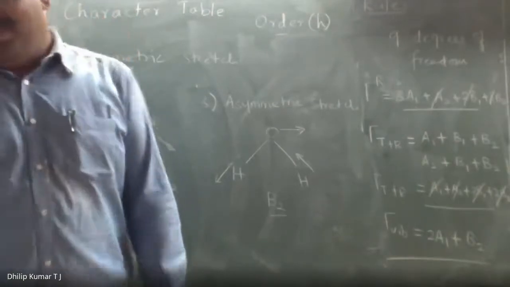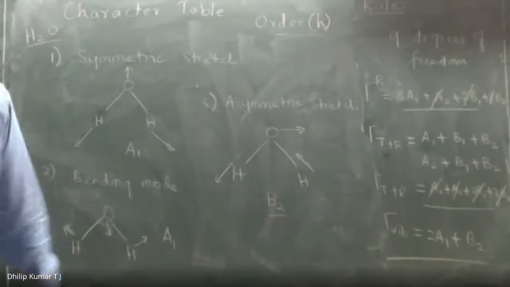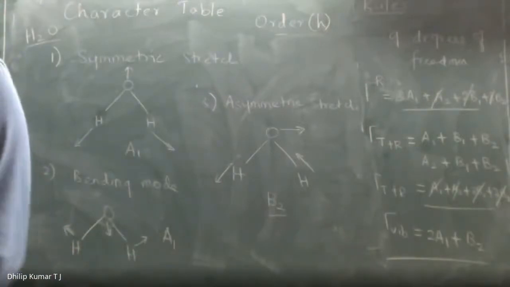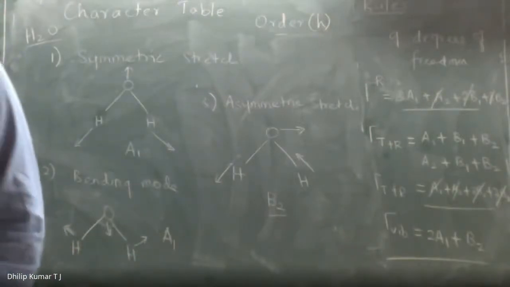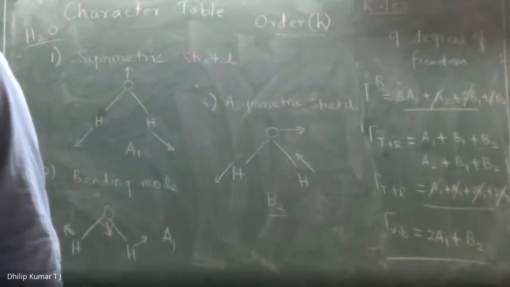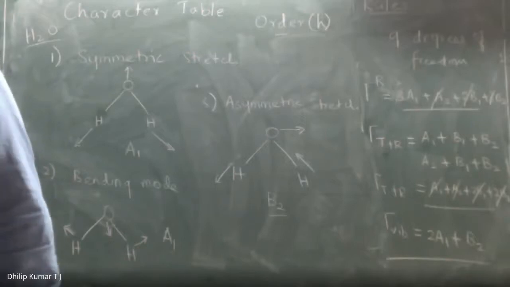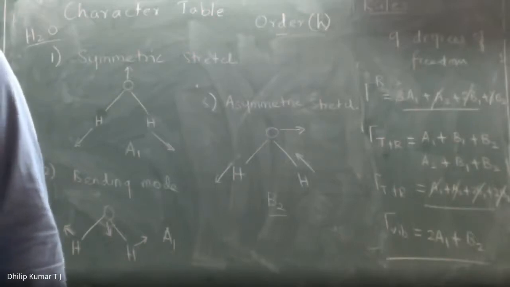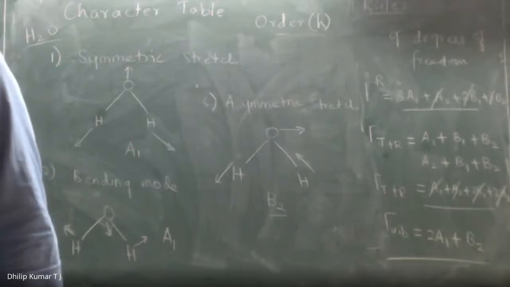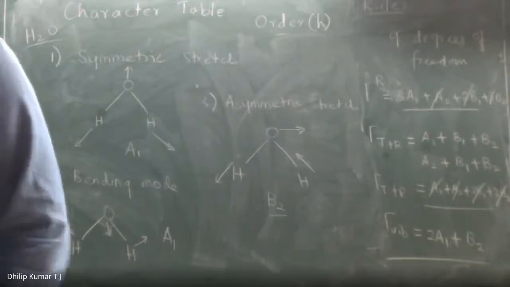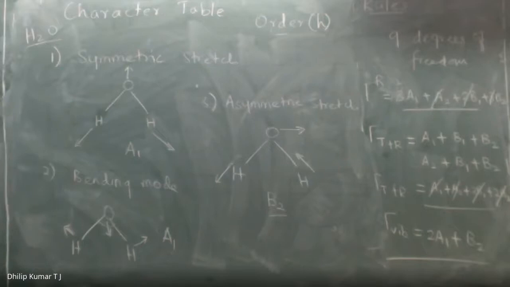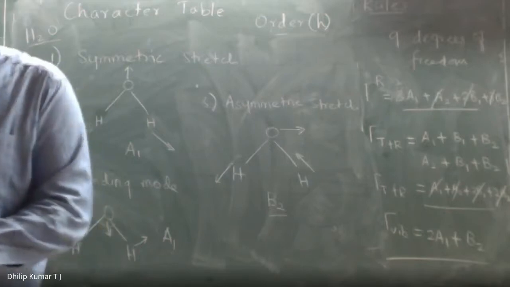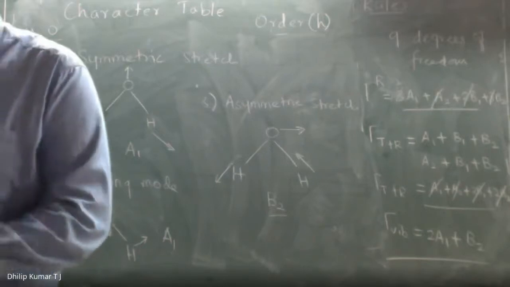If not, you work it out in the next class for some other molecule. For the C3V point group, the ammonia molecule, you try it. Let me know the vibrational frequencies and vibrational modes.